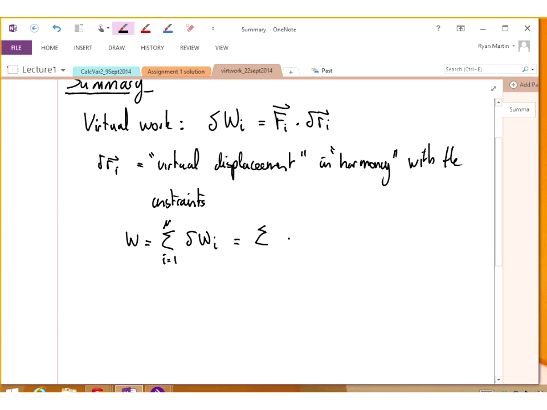One is a sum of external forces, and the other is a sum of internal forces. In principle, they're sums over different indices.